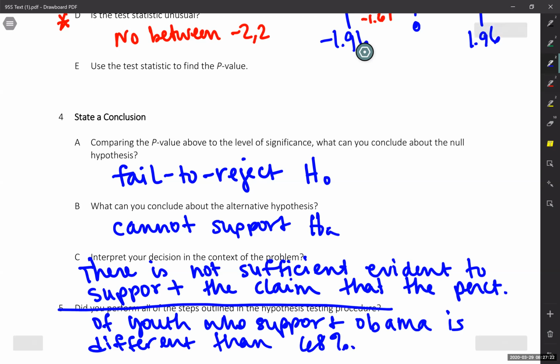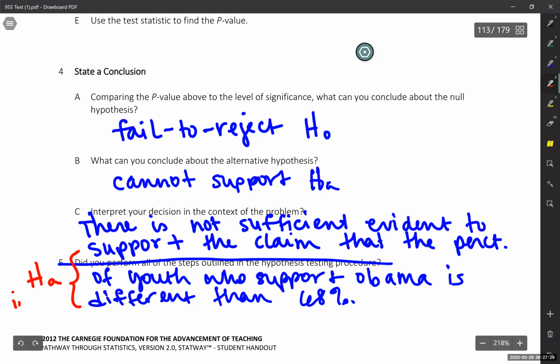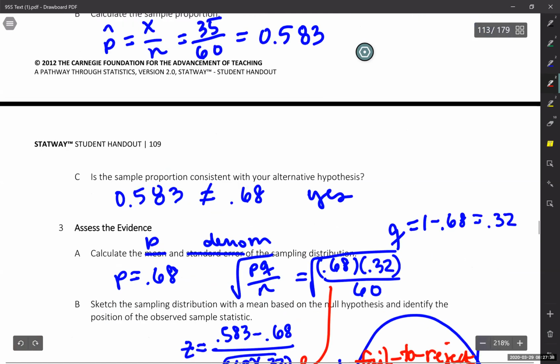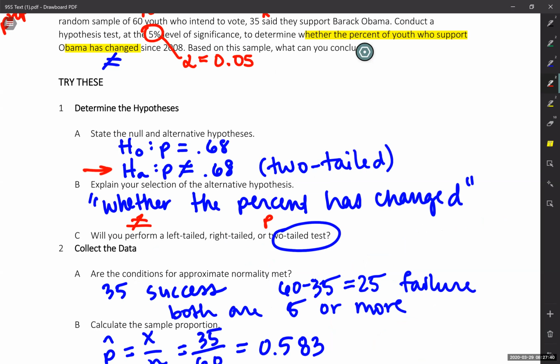So the claim, again, is always our alternative in words. Our alternative was that the percentage, that P, our proportion, is different, is not equal to 0.68.